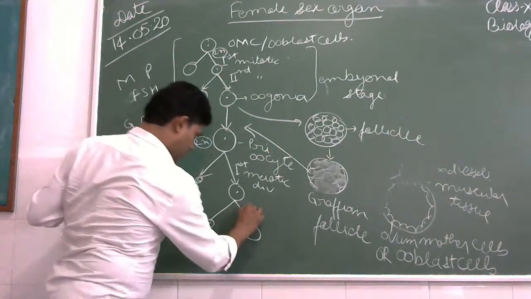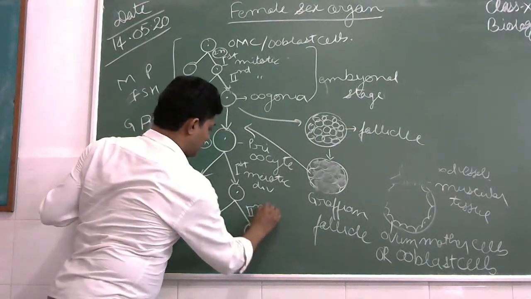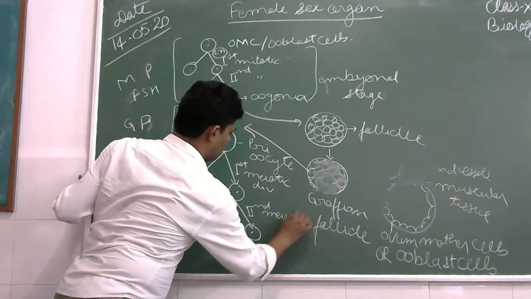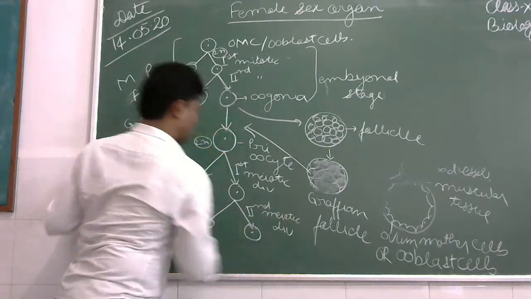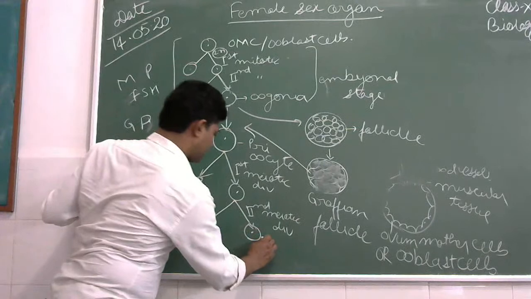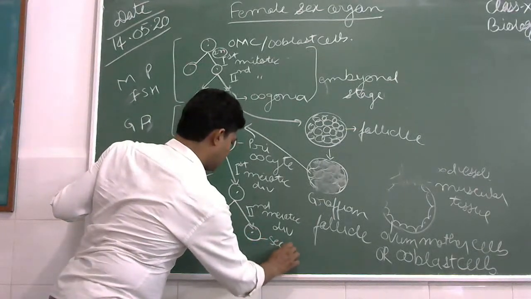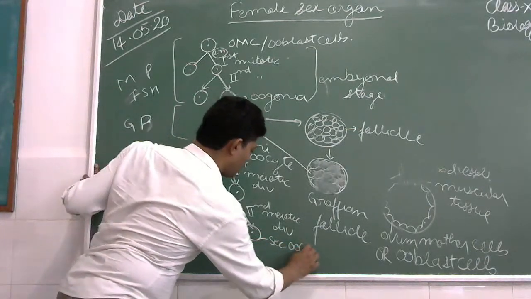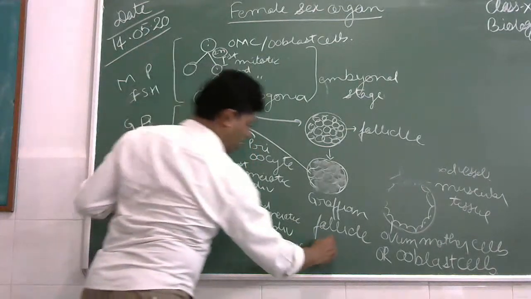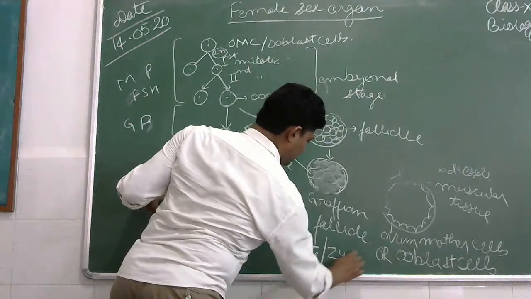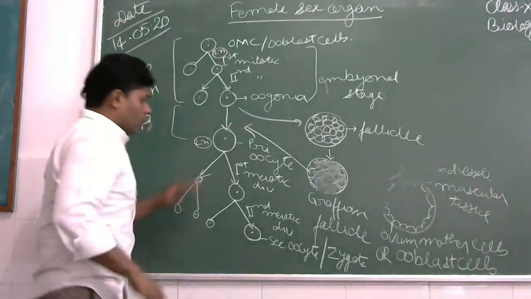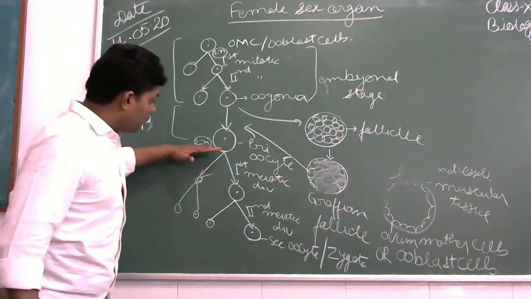And this is the secondary oocyte or zygote.